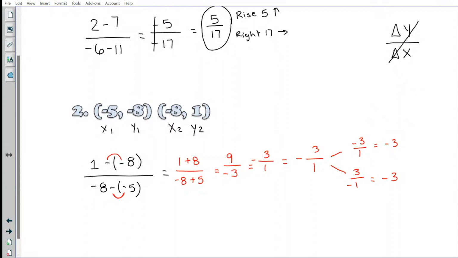This is going to be either down 3 over right 1, or up 3 over left 1. And that's going to give you the same exact line. One point is either going to be at the top, the other one's going to be at the bottom. And that's it for finding the slope between 2 points.